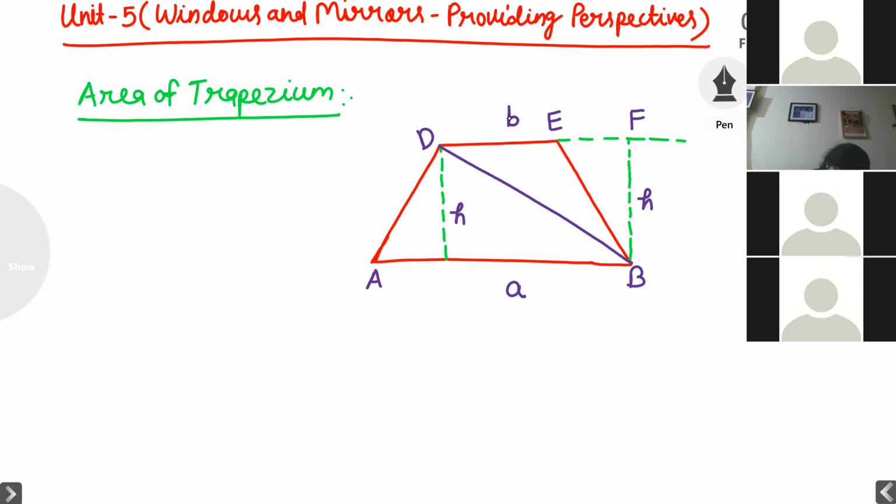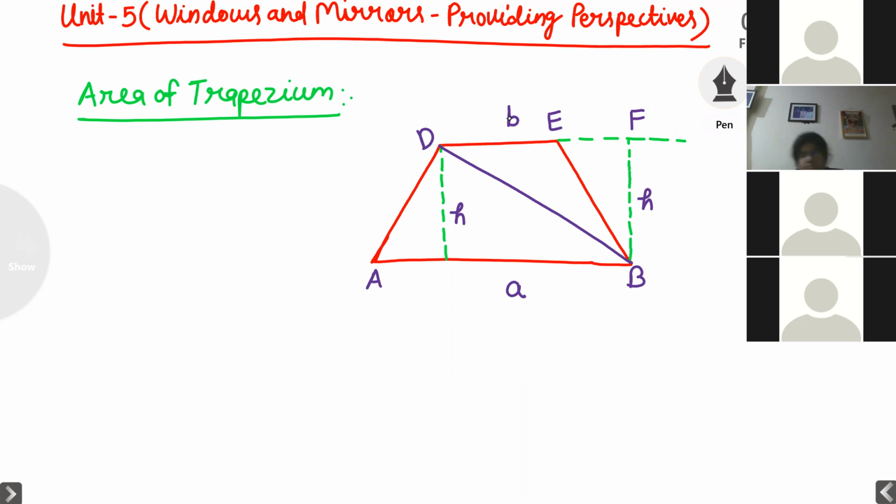Now you are observing, students, just now I told you this figure is divided into two triangles. First triangle is ABD and second triangle is BDF. Now I can write here: area of trapezium equals sum of the areas of two triangles.